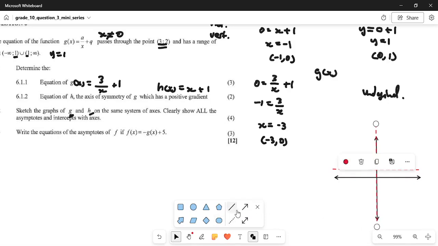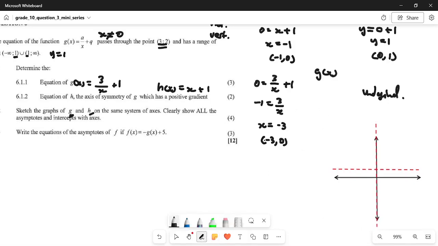And then the x-intercept of g is at negative 3 and 0. So let's say negative 1, 2, 3, somewhere there. Oh, and another thing that I forgot to mention: since our value of a is greater than 0, meaning it's positive, this function of g will be drawn in the first and third quadrants. So I'm expecting my function to be here and there.